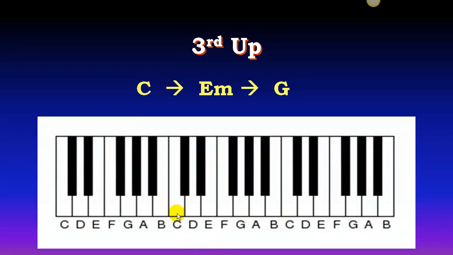If we look at the piano, we start with the C chord here, E minor is here, 1, 2, 3 is moving a third up. From the E minor chord to the G chord, 1, 2, 3 is also moving a third up. So whenever you move a third up in chords, they always sound great because this is smooth chord movement.